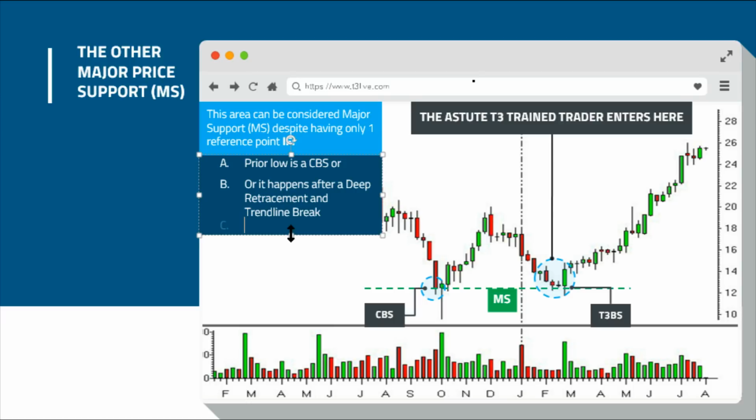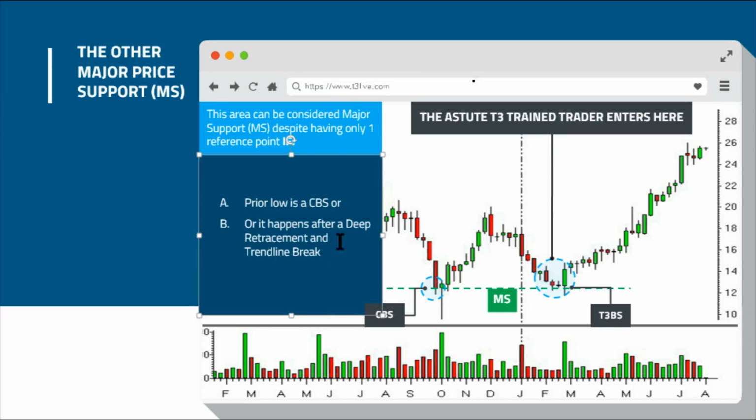So if the prior reference point was an area where the stock went climactic buy setup where the stock just ran out of sellers, then 1 reference point is enough.